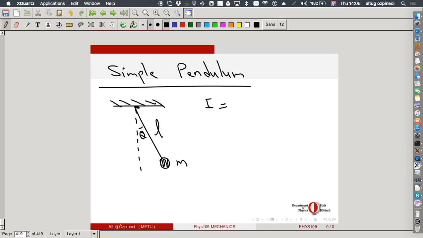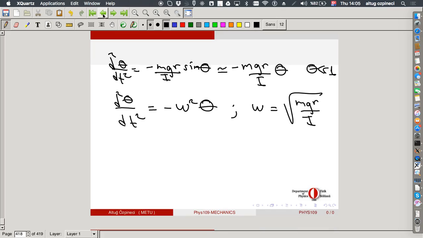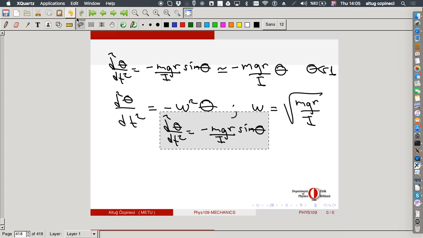What is the moment of inertia of this object? Yes, that's L. It's just a point object. I is ml squared. So the frequency of oscillations, we had already derived it.